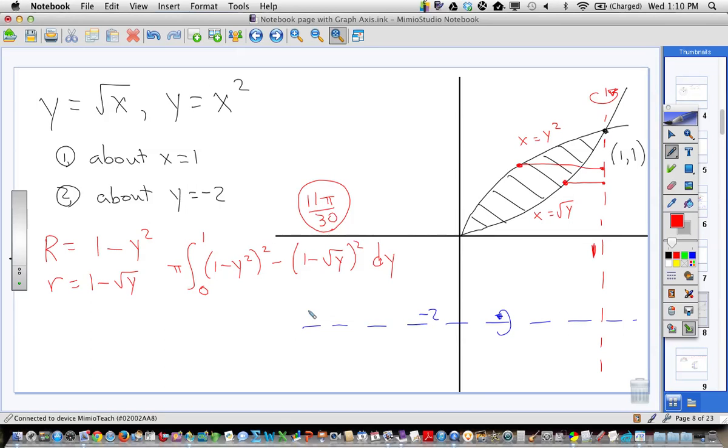Then your strips fill the space from 0 to 1. They happen to meet at 1, 1, so they're going to go 0 to 1 no matter which way you go. But understand that we're going from bottom up to top. We're filling our slices. And don't forget the pi out in front. So I agree with 11 pi over 30. Okay, now go ahead and try part 2.